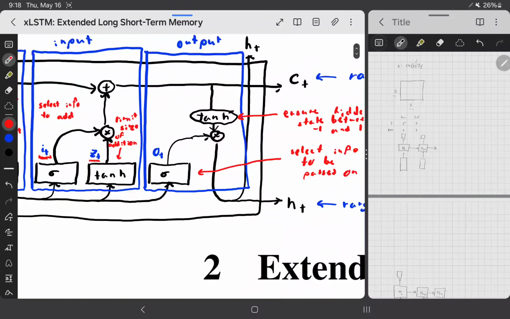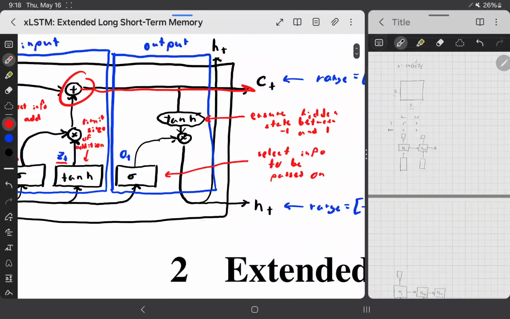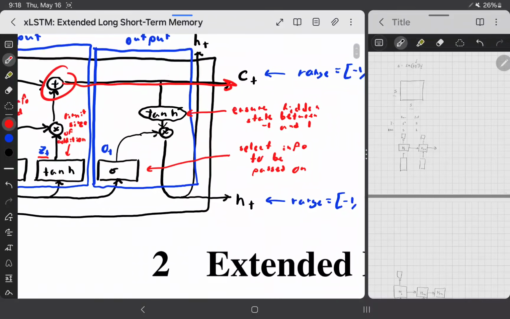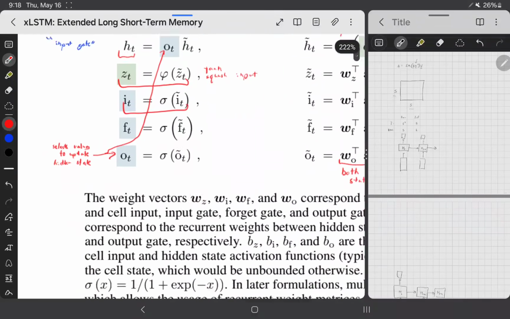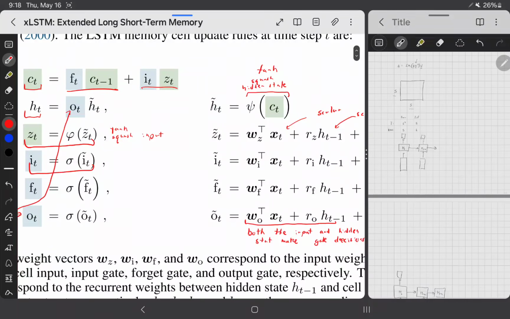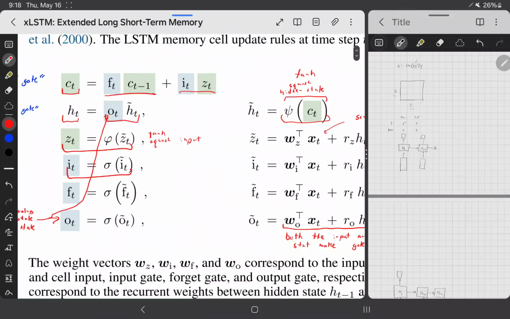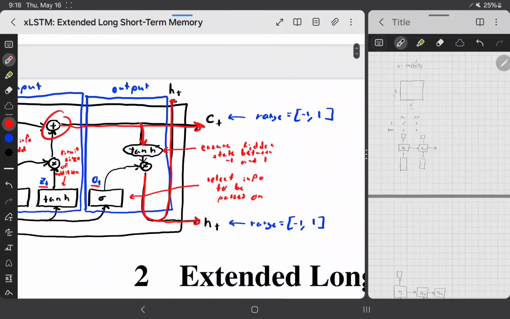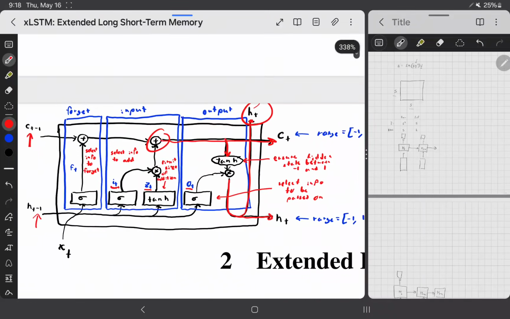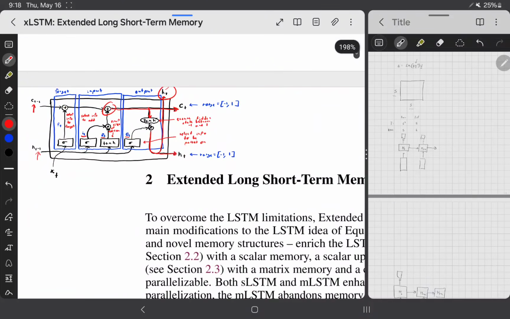So this part here is sent to the next part, or to the next token, but it's also sent down here, which is sent through the squashing tanh function, and then it's sent through the output gate. So that is this part here. So it's first squashed, and then it's sent through a gate. And then you get this output hidden state here, which is also used as the output. So if you stack these cells, this would be used as the input into the next cell, or rather the hidden state for that next cell above it. So this is a normal LSTM.